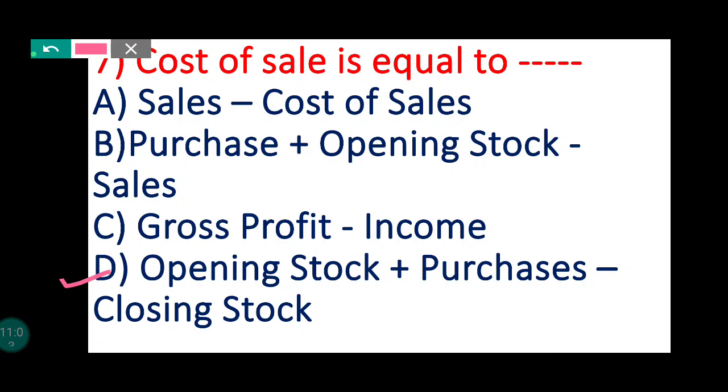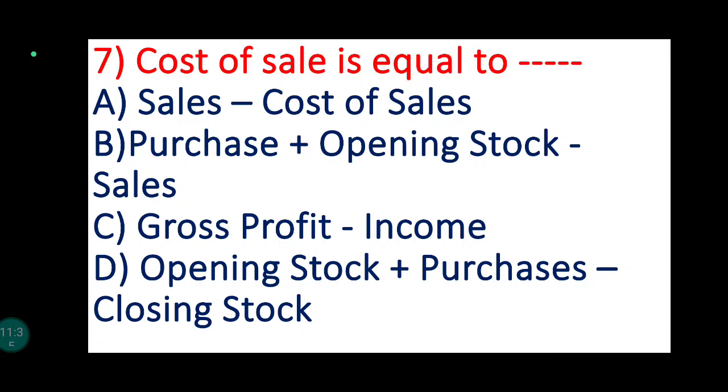Then gross profit minus income is also wrong, because we get gross profit after deducting closing stock. When we find the cost of goods sold with the formula, we then deduct it from sales. So cost of sales is equal to opening stock plus purchases less closing stock.